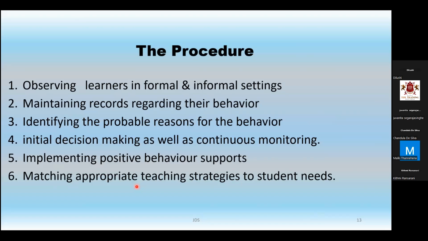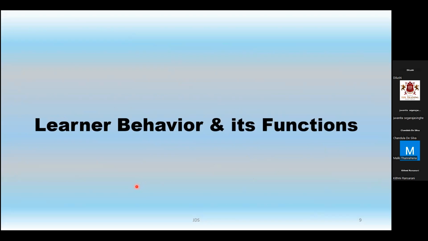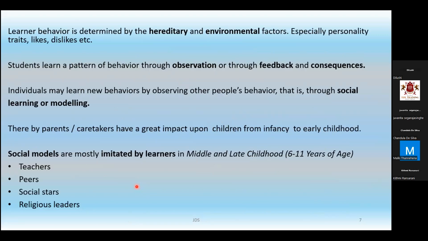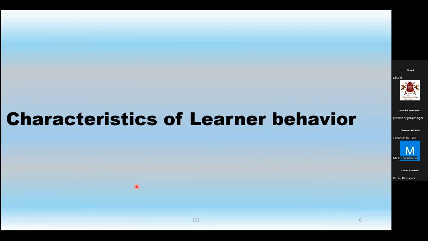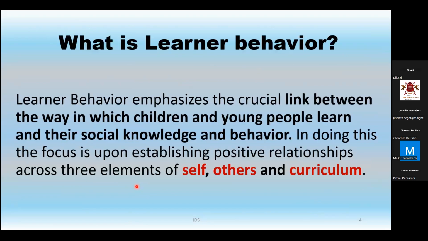And in addition to that, why people behave in a certain manner, the two basic purposes why learners behave in a particular manner, and the behavioral traits or characteristics of learner behavior. All these we discussed under this particular topic, right?